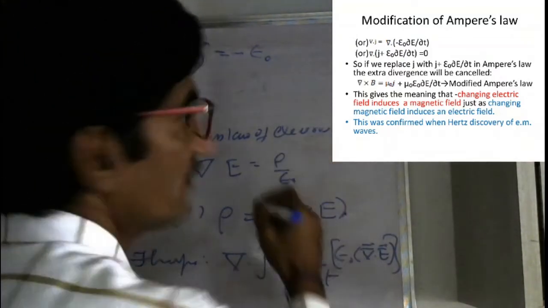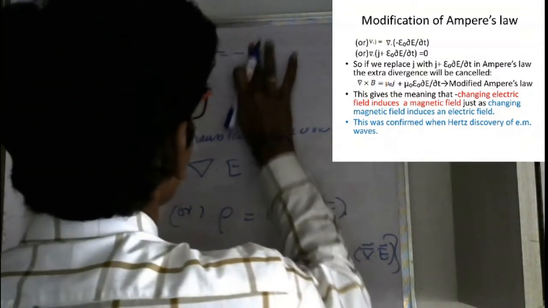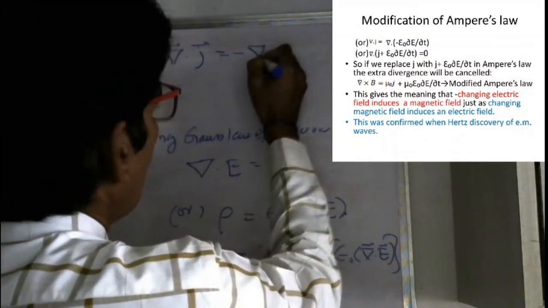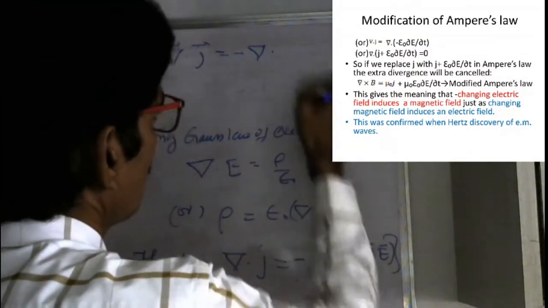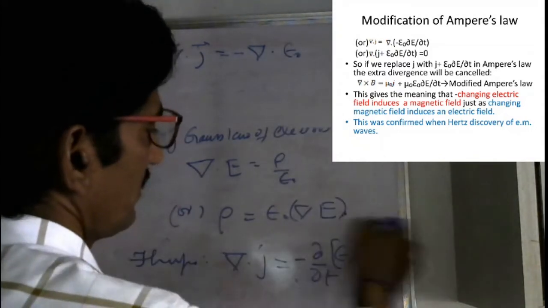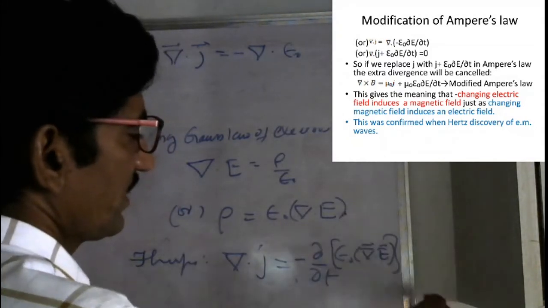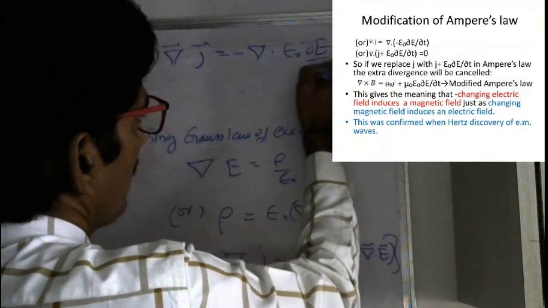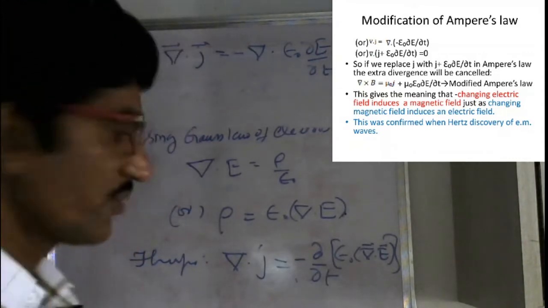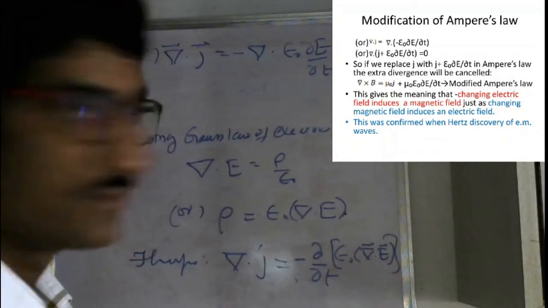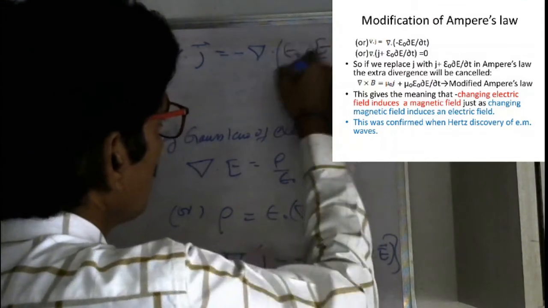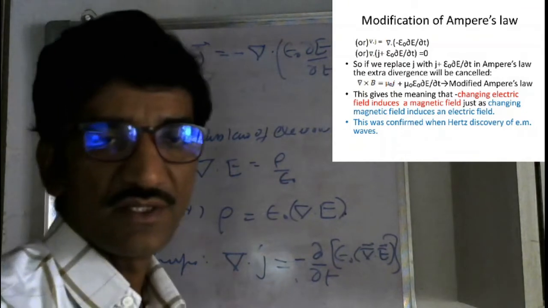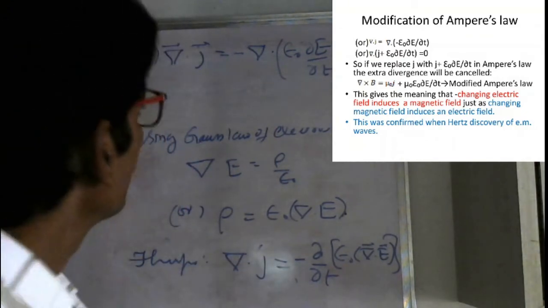Otherwise you just write minus of del dot epsilon naught, taking this dou by dou t inside, dou E by dou t. You will write this equation in this way: del dot J equals minus del dot epsilon naught dou E by dou t. You can see this on the slide as well.